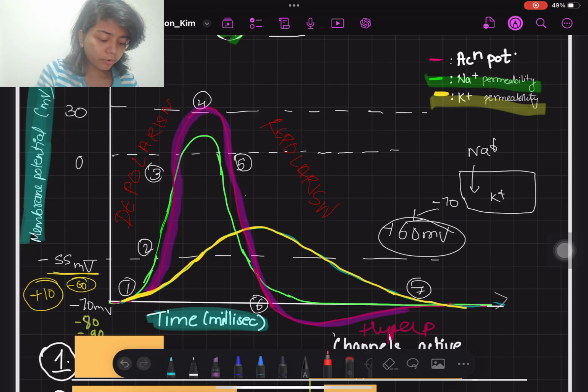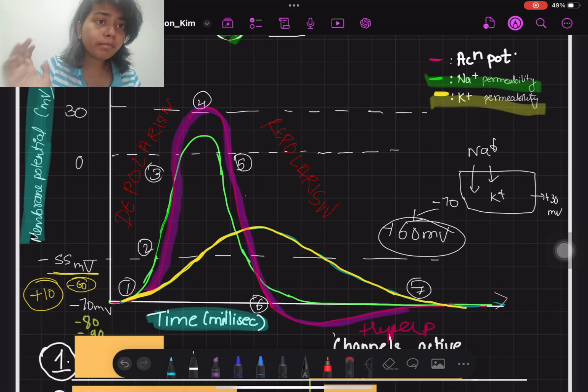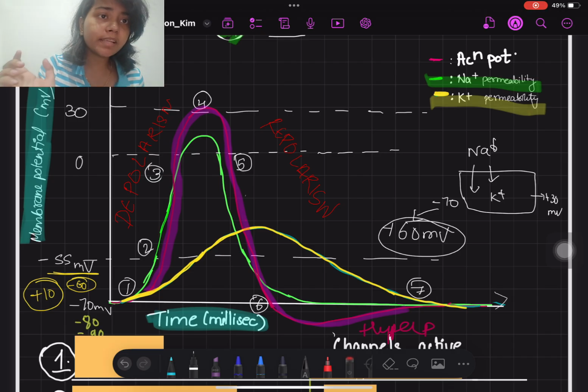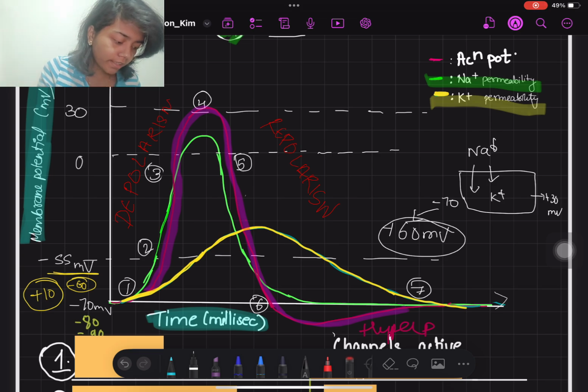Sodium has come inside and now the potential has become plus 30 millivolts. But what will be the tendency of the membrane now? It will go back to equilibrium, because equilibrium is what everyone wants to achieve. Equilibrium condition means resting membrane potential, so it will have a tendency to go back to minus 70 millivolts.